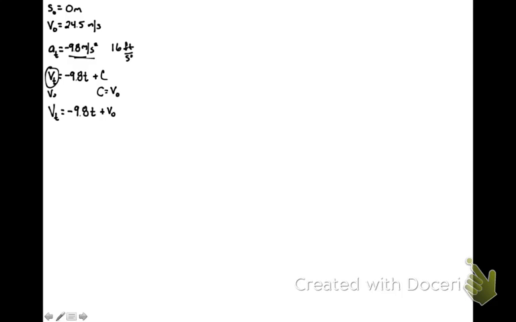And if I were to integrate this, I would have the position function. Integrating this, I get negative 4.9 t squared plus v naught times t plus c. Notice that if I go to solve for c, when t is 0, both of these portions drop out.